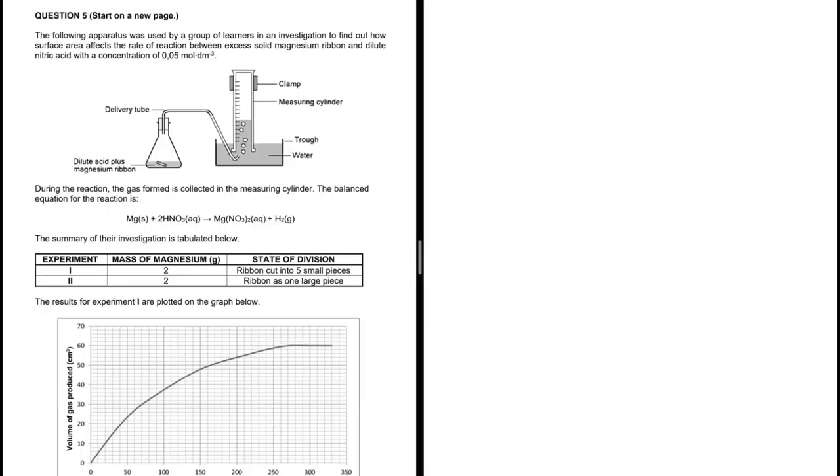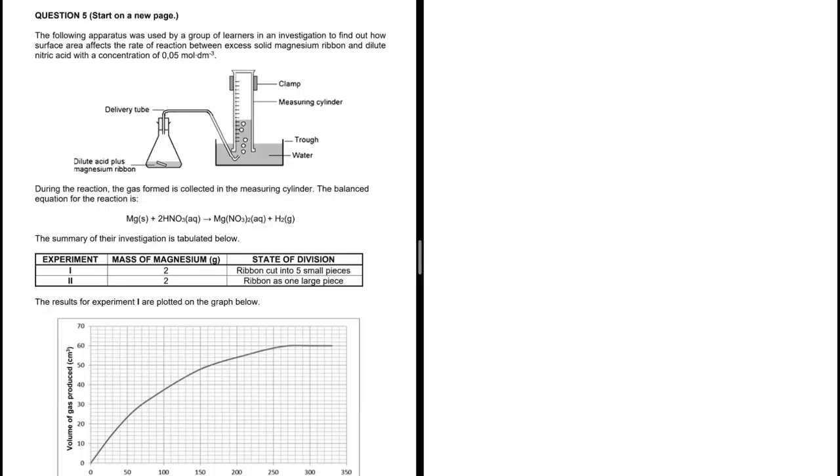We have the number of moles of magnesium that were used. So we can go ahead and calculate the mass of magnesium. So the mass of magnesium that was used will be the number of moles multiplied by the molar mass. The number of moles is 0.0025. The molar mass of magnesium is 24. So we're going to have multiplied by 24, which is equals to 0.06 grams.